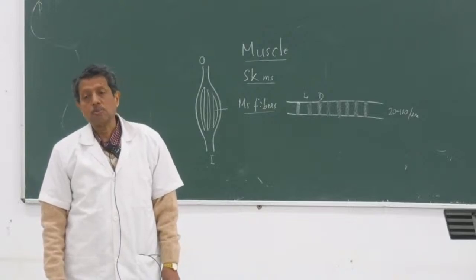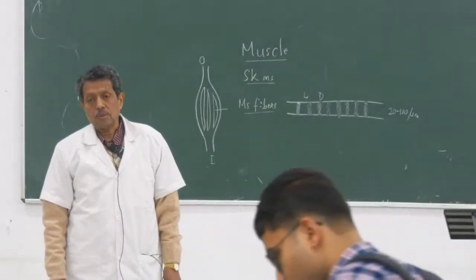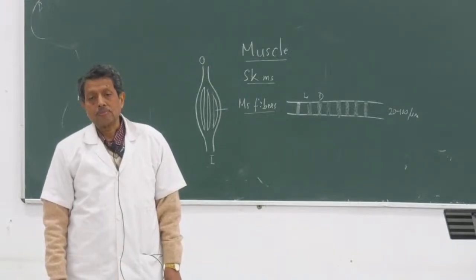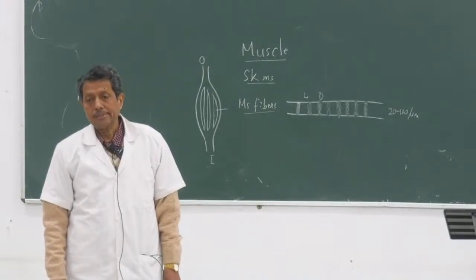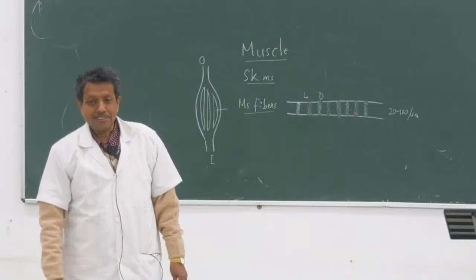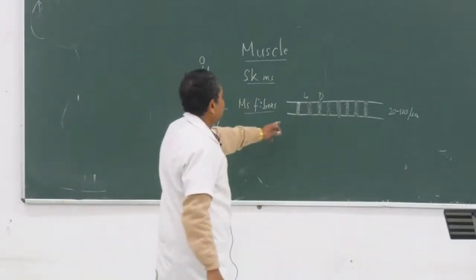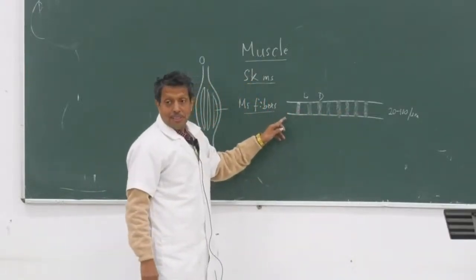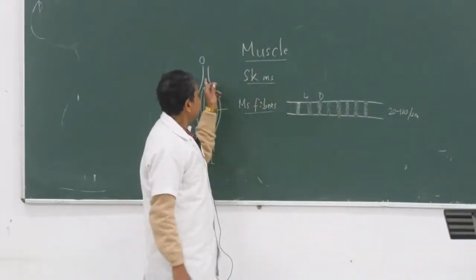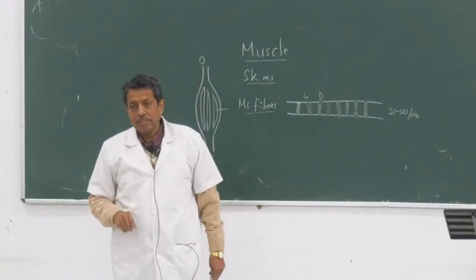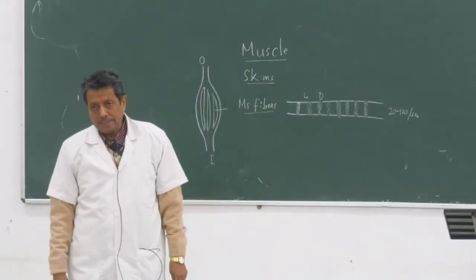If respiration stops for a minute or so, and these muscle cells, they begin and end at the tendons and their length vary according to the length of the whole muscle.